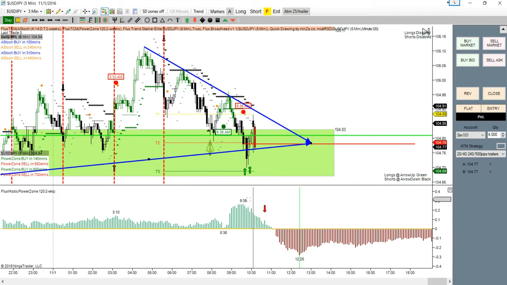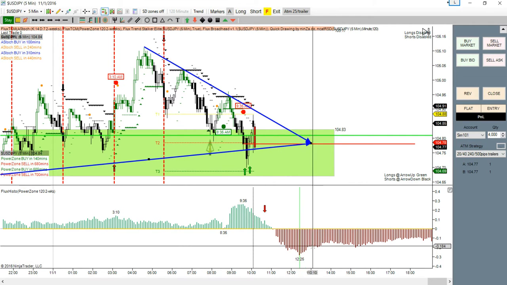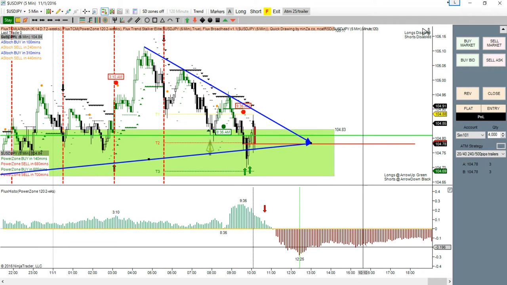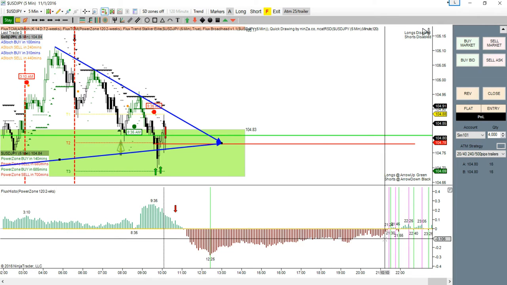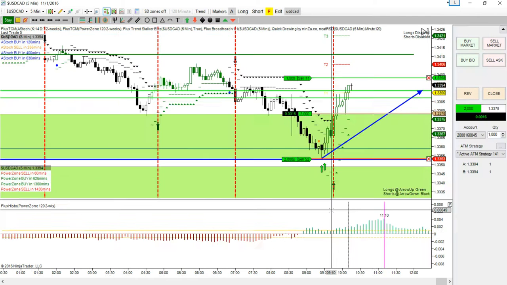But like I said, you can see the histogram until 1225. Then we're going to look for some kind of pullback, I guess, depending how it's going, but the 60-minute looks like it's still going down. Target filled.